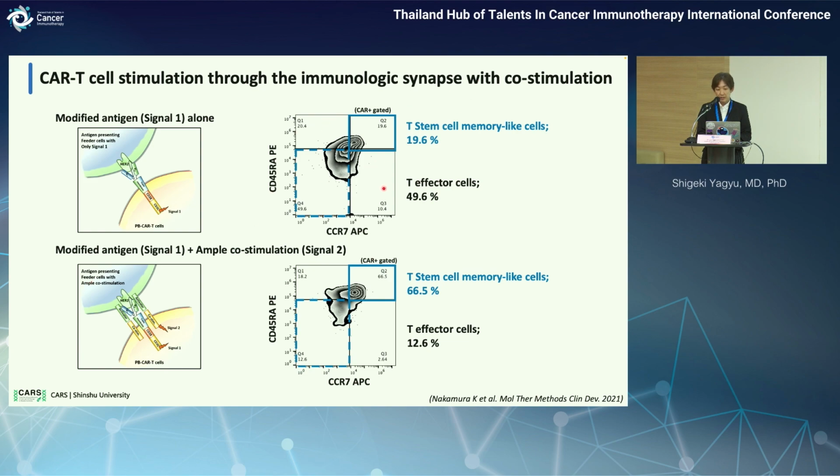And as you can see here, the feeder cells expressing modified antigen and co-stimulation greatly induce the T stem cell memory-like phenotype compared to the feeder cells expressing modified antigen alone. So this suggests the necessity of CAR T cell stimulation through the immunologic synapse, not only with the antigen-CAR complex as signal 1, but also ample co-stimulation.